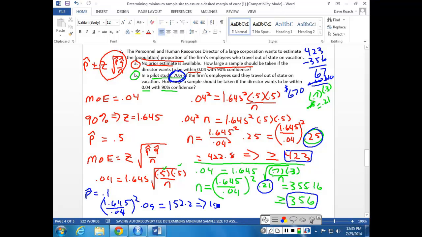Again, I'm just making this one up as I go here, which means that the value of that information, the value of knowing that this is 0.1, would be 423, the sample size you would need if you had no prior information, minus the 153.